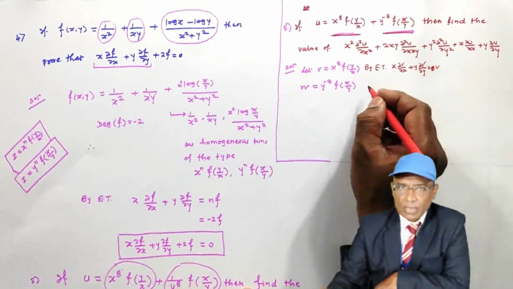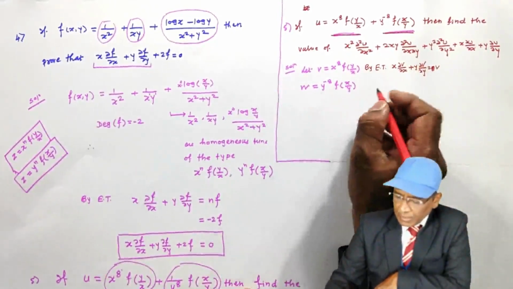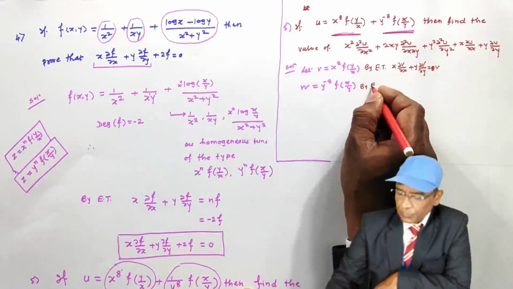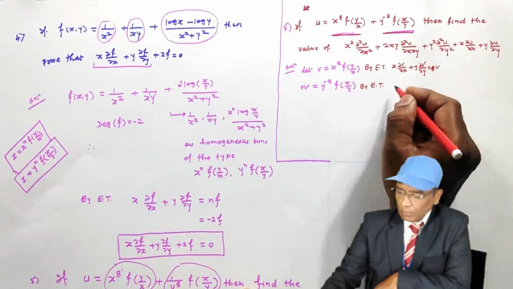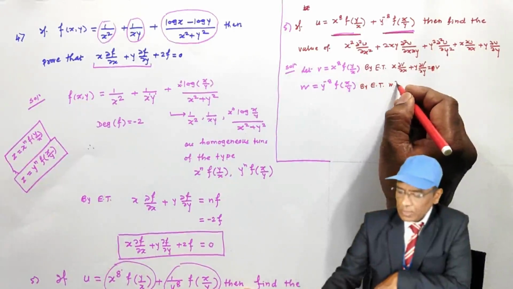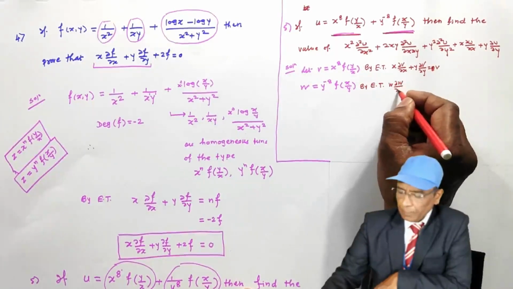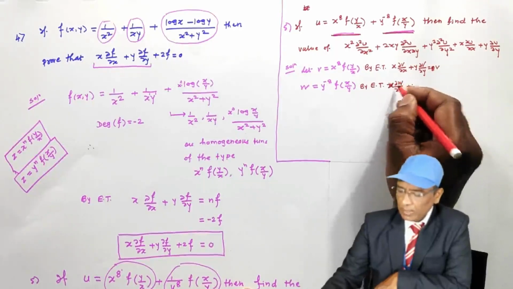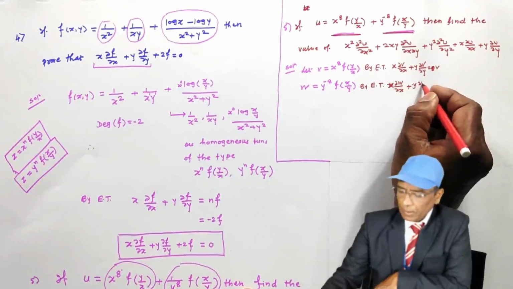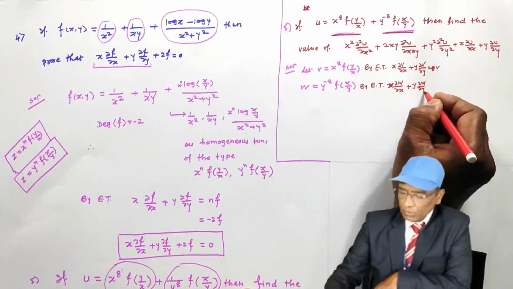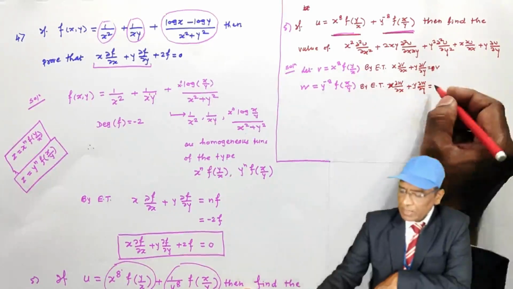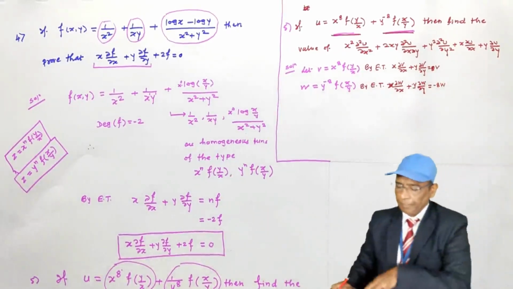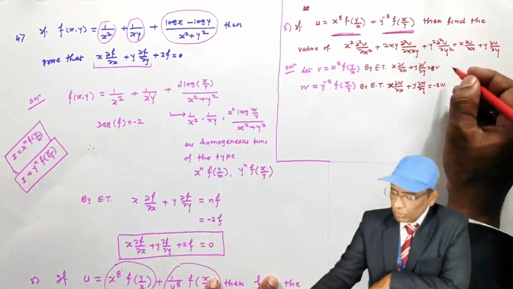Now sufficient practice is done on Euler's theorem, so I am writing directly. By Euler's theorem, for w, x del w by del x plus y del w by del y is equal to -8w. Okay. Now I am going to add both of them.